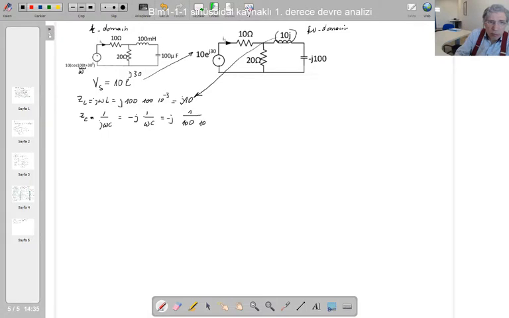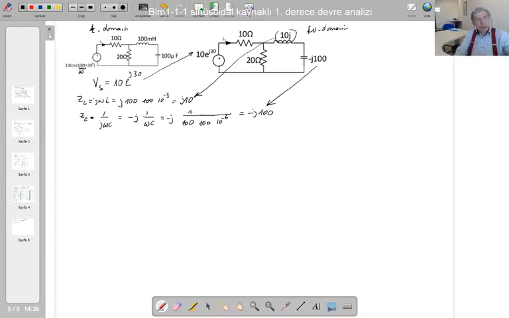Micro is 10 to the power minus 6. So we've got 10 squared in the denominator, minus 6 makes it minus 2. If we move it upwards, it becomes minus j100. So this is this one.